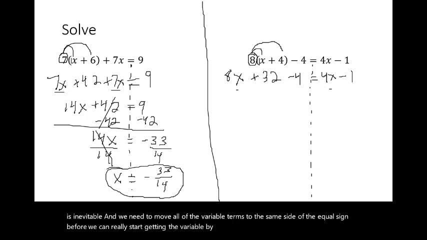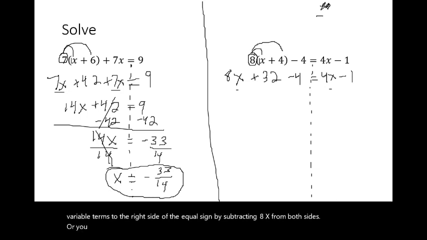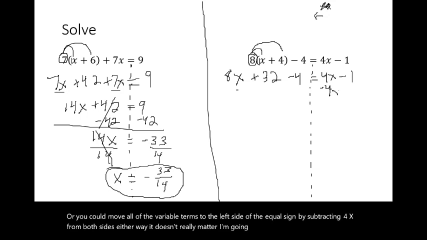So you could either move all of the variable terms to the right side of the equal sign by subtracting 8x from both sides, or you could move all of the variable terms to the left side of the equal sign by subtracting 4x from both sides. Either way, it doesn't really matter. I'm going to subtract 4x from both sides to move them all to the left side of the equal sign.